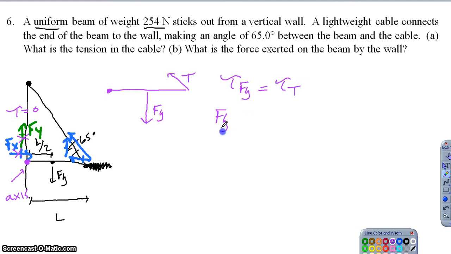So my force due to gravity times its radius needs to equal the tension, and because the tension is at this angle of 65 degrees, I just want the vertical component, the sine component. So T times sine theta, and then times the radius to that tension. So, the radius to the gravity and the radius to the tension.